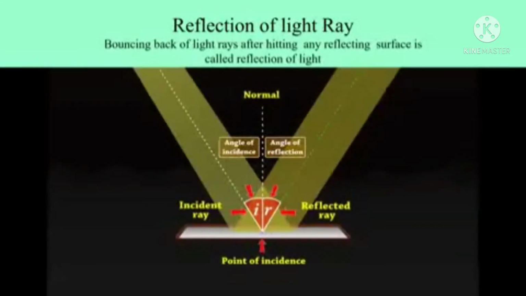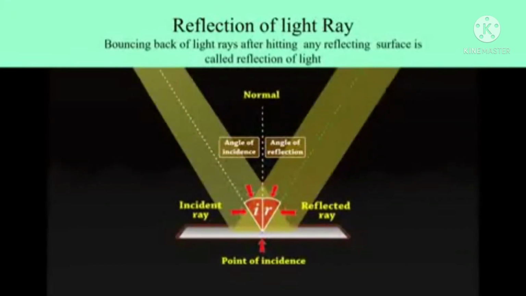In this diagram, we clearly observe that when a light ray from the air medium is incident on a reflecting surface, for example a mirror surface, then that light ray bounces back into the same medium, that means into the air medium, which is called reflection of light. A common example of reflection of light is that we can see our image in the mirror.